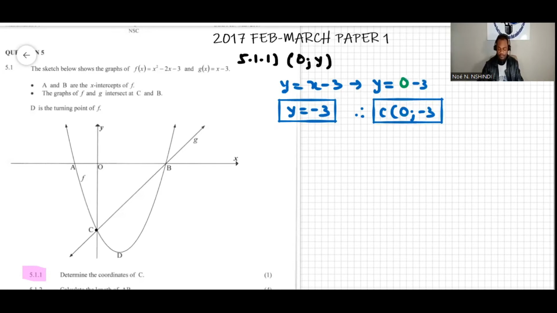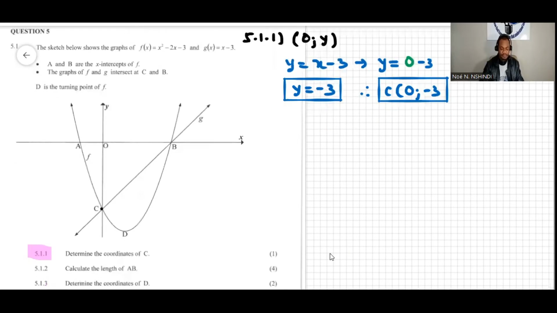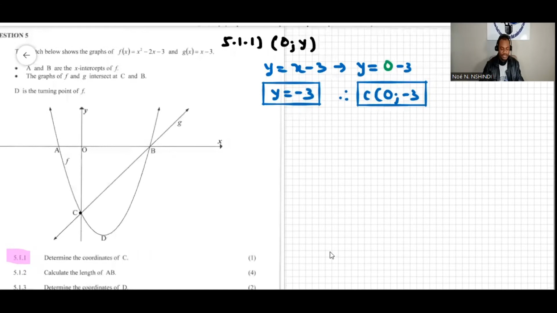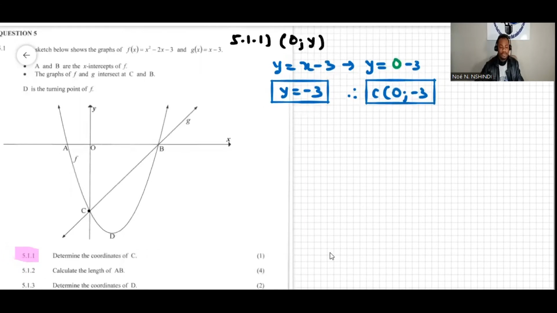Now, the following question says calculate the length AB. Let me first write the question here, 5.1.2. So we want the length AB.